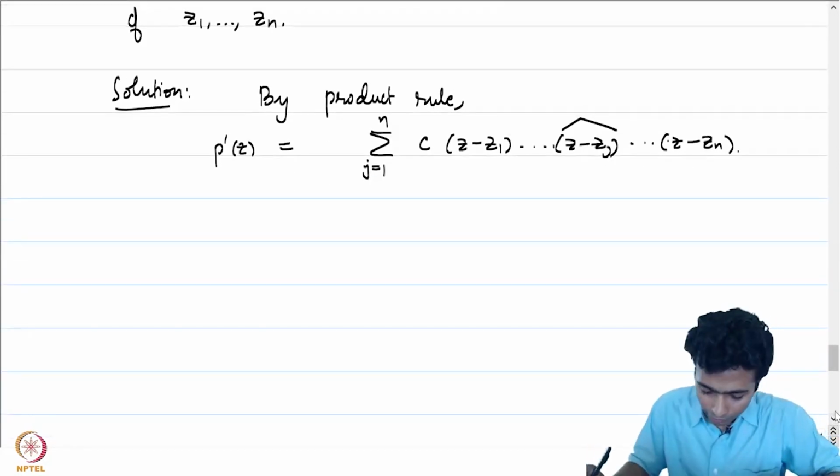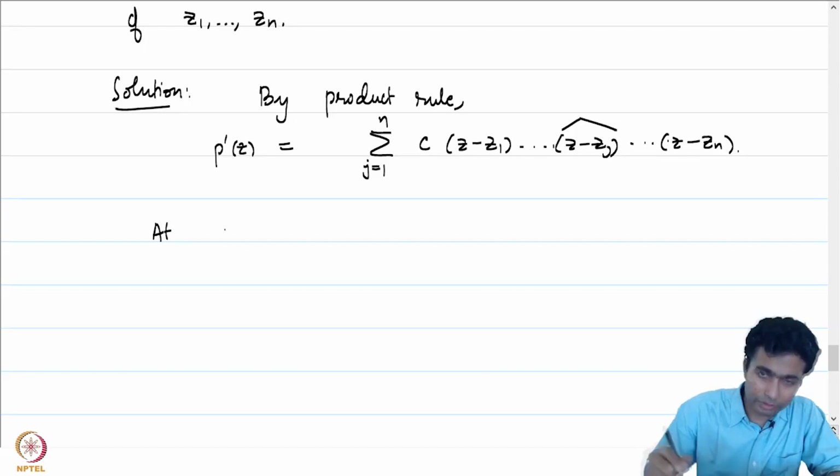All right, now this is also a polynomial of degree n minus 1.